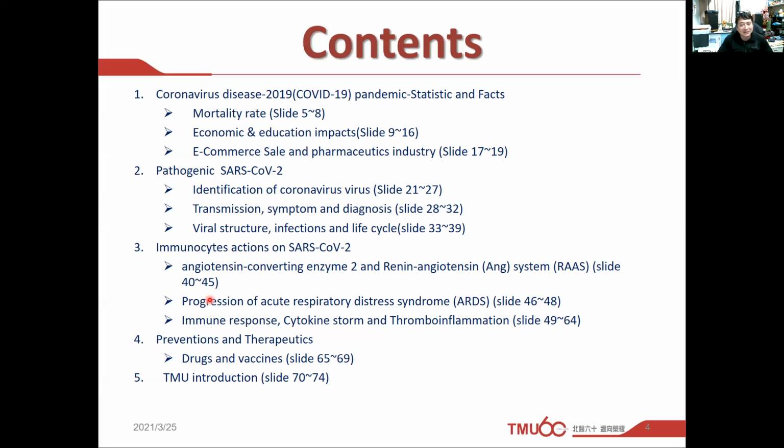And second, I'm going to introduce ARDS, which usually develops in COVID-19 patients, leading to mortality or death of patients. And third, I will go over the immune response, the cytokine storm, and thromboinflammation. Those factors or parameters contribute to the progression of patients suffering from COVID-19.